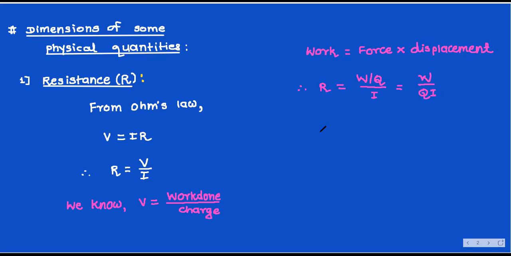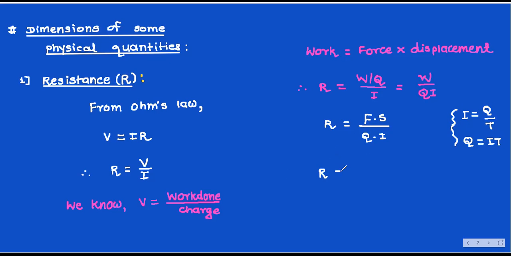Then R = W/(QI), where work done is force into displacement, divided by Q into I. Now I = Q/T, because I is current, which is charge per unit time. Therefore Q = I·T. Let's substitute now.